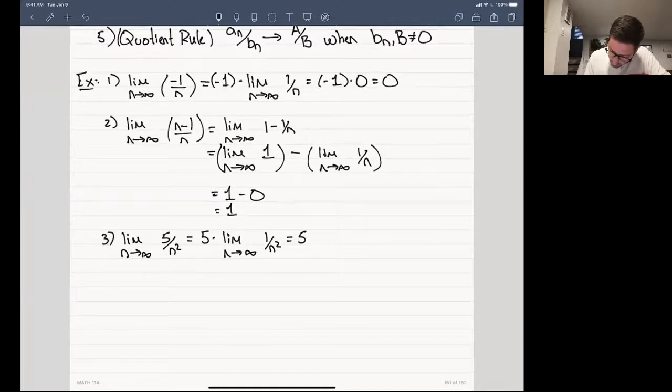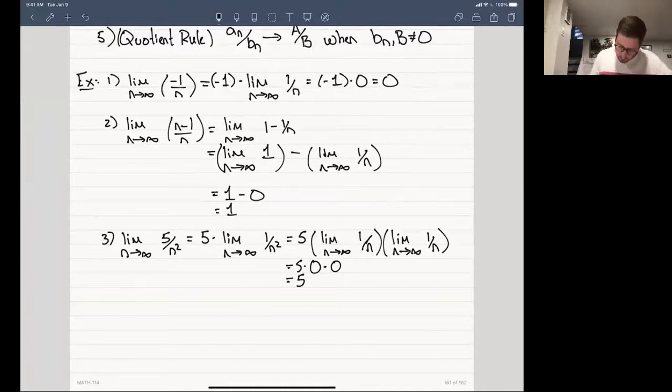So I get 5 times the limit as n goes to infinity of 1 over n, and then again times the limit as n goes to infinity of 1 over n. And this gives me 5 times 0 times 0, which is equal to 0.